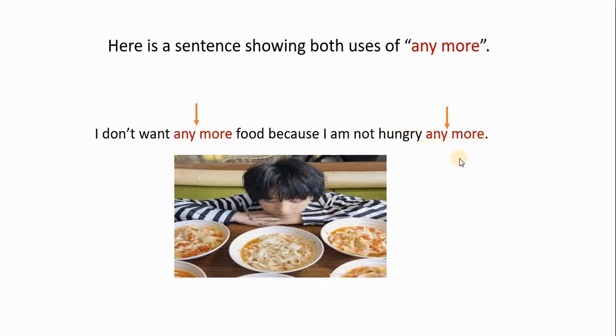Well, this is the determiner because it's immediately before the noun phrase. Notice, it's a negative sentence. I don't want any more food. And it's saying he doesn't want even a small amount of food.